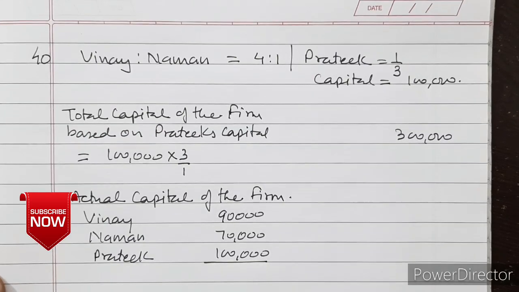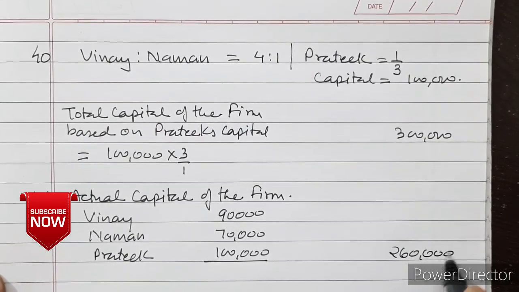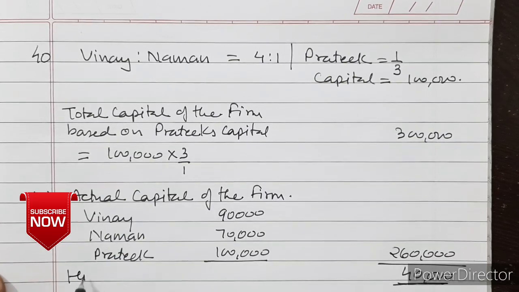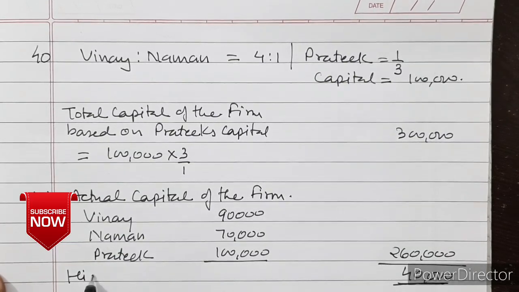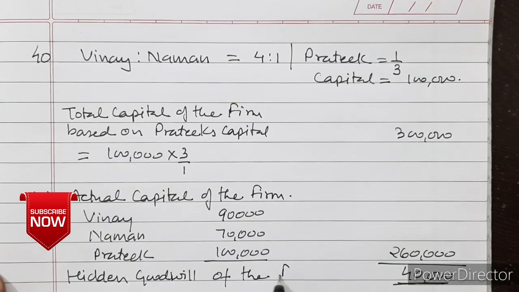So it will be 2,60,000. So the difference between these two is the hidden goodwill, total goodwill of the firm.